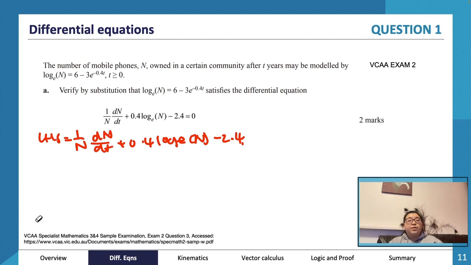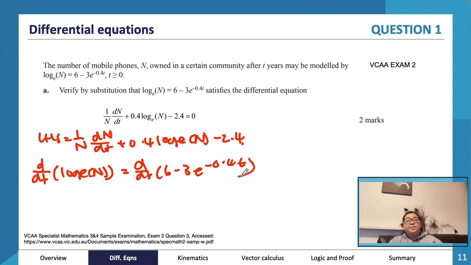So if we do d/dt of ln N, that's equivalent to d/dt of 6 minus 3e^(-0.4t).